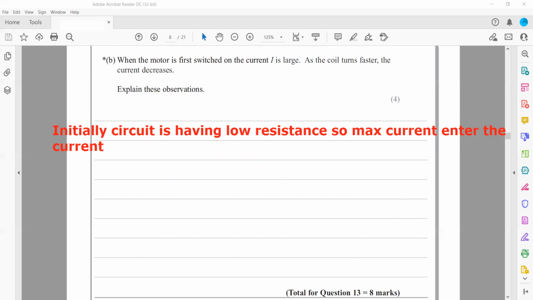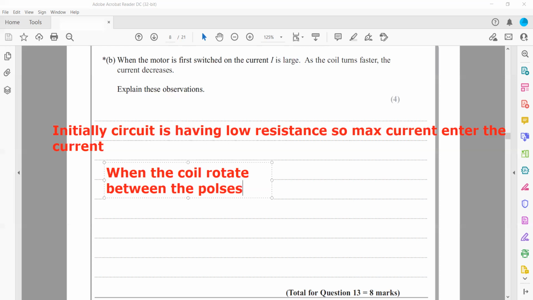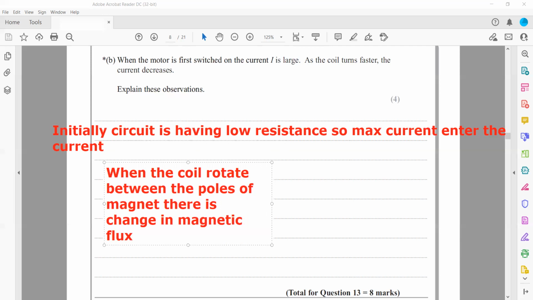When the coil rotates between the poles of the magnet, there is a change in the magnetic field, or we can say magnetic flux linkage.